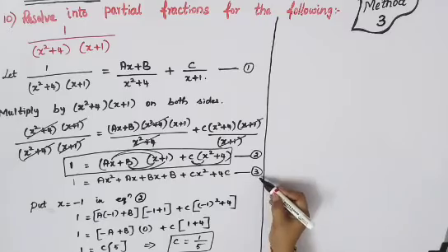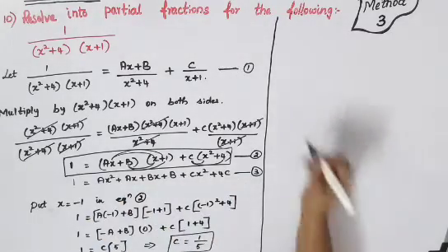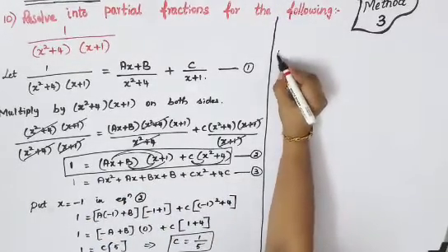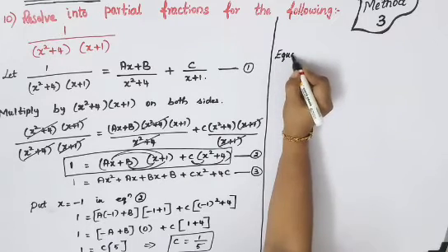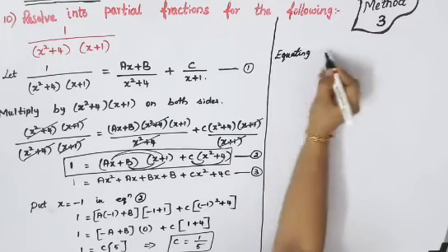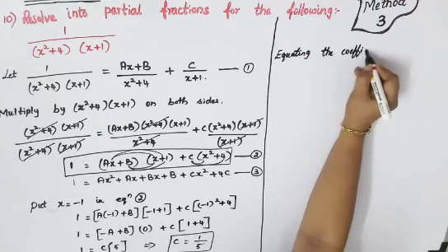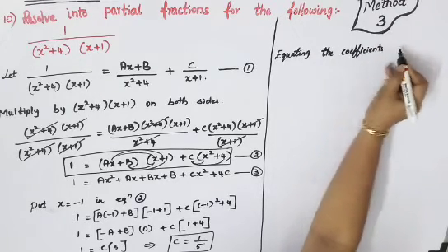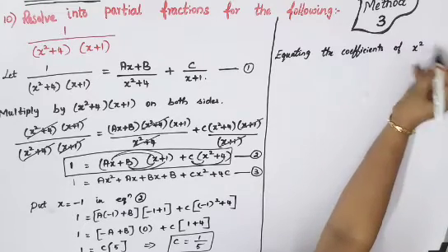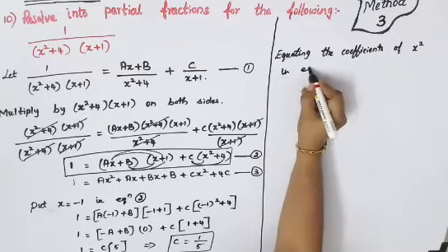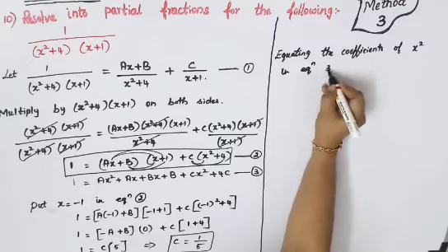So go to your equation 3. Now you'll have to go for equating the coefficient of x square only. So equating the coefficients of x square in equation 3.